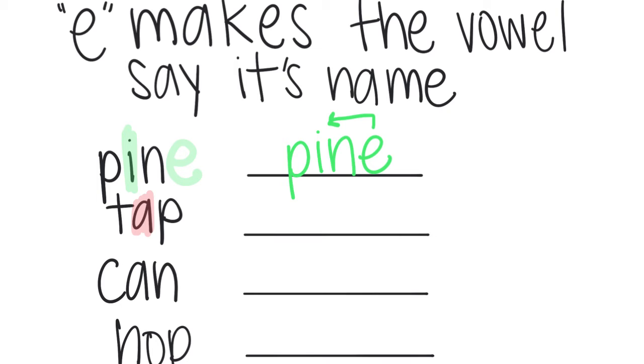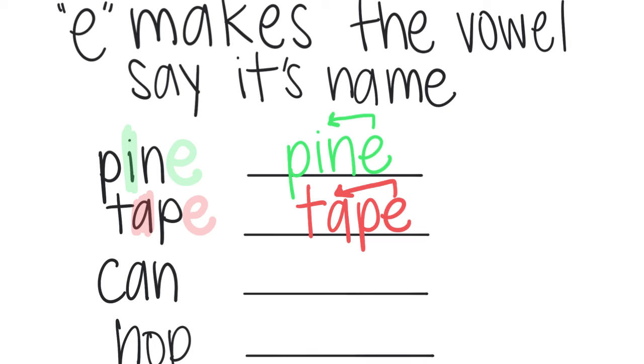Well, when we add an E to the end, we have another word, and that word is called tape. Tape. And the E here went back and said, hey, say your name. And so now you have the A saying A instead of ah like it did in tap.